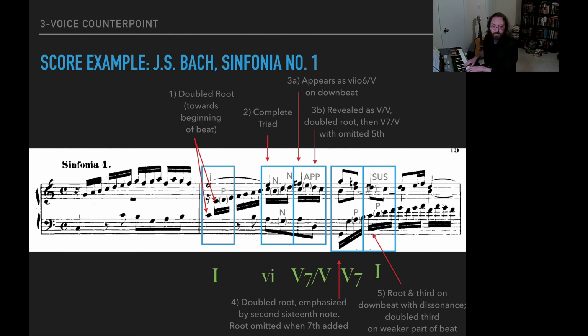So here we have a number of different strategies, from our 1st chord with the doubled root, our 2nd chord with a complete triad, our 3rd chord with its use of arpeggiation, our 4th chord with a doubled root, but by the end the root disappears, and our 5th chord, which has a dissonance used in it, and then eventually a doubled 3rd.